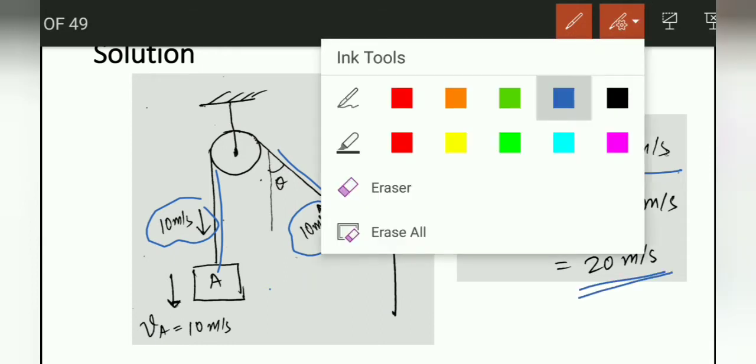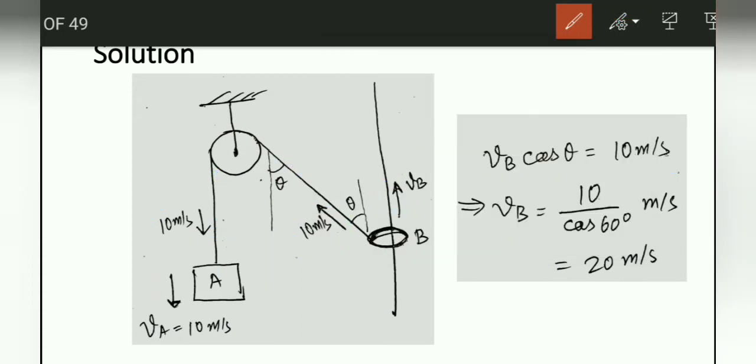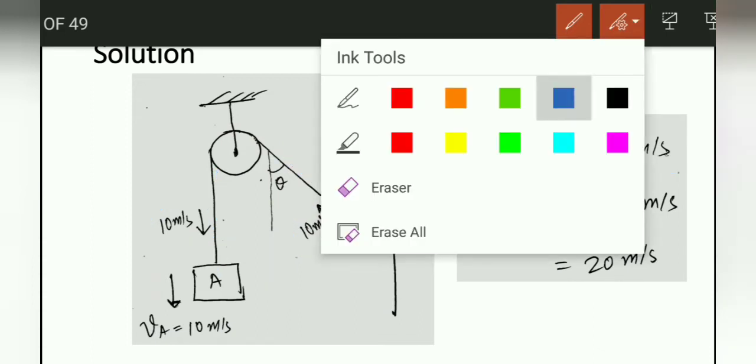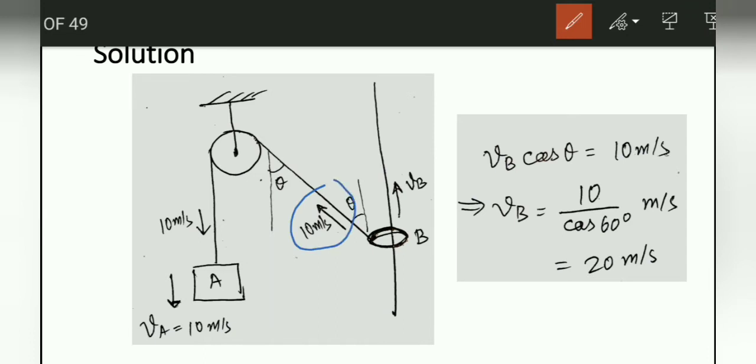Remember one thing, the students make a very fundamental mistake here. Up to this part they do very well, that is this is 10, so this will also be 10. Now what they do is they write 10 cos theta is equal to Vb.